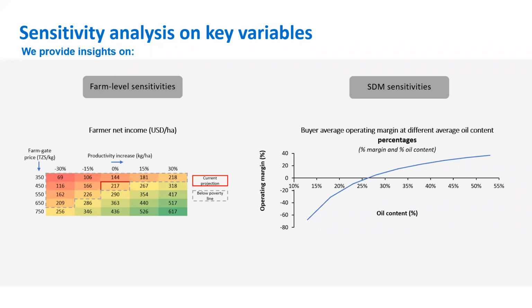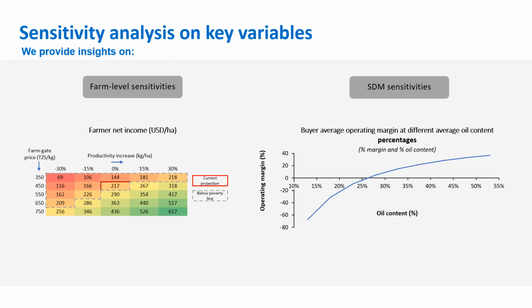At the farm level, we often run a sensitivity analysis on productivity and farm gate price, because one of the weaknesses of using Excel models for forward-looking projections is that you're heavily reliant on the quality of your assumptions. We acknowledge this is a challenge, and it's not something we can necessarily overcome.